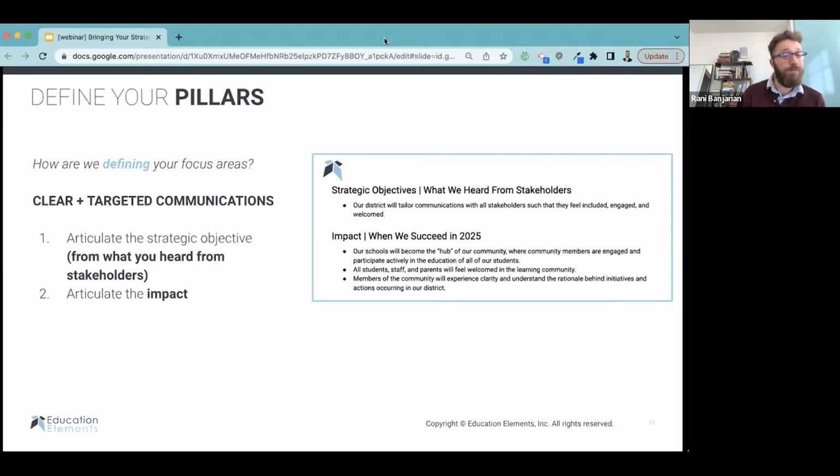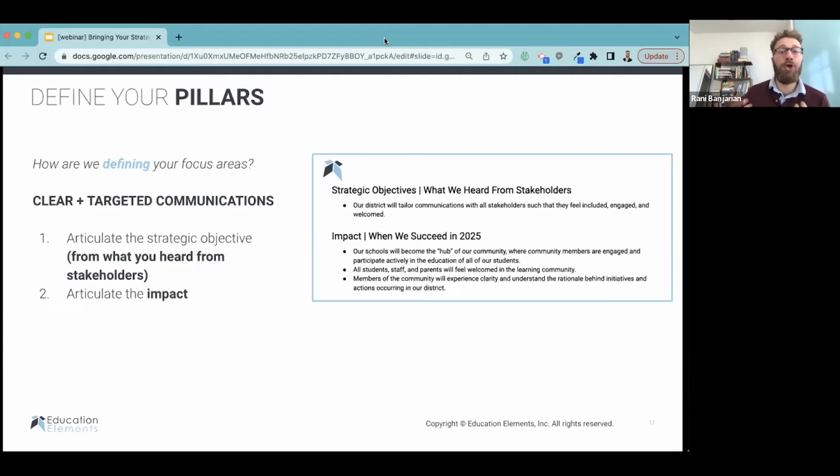And so what do we do now? What does the district do now? The first thing that was really important for the planning teams that were putting this together and hoping to begin to design some experiences to bring this to life is to articulate the strategic objective. Why is this a priority for the district?